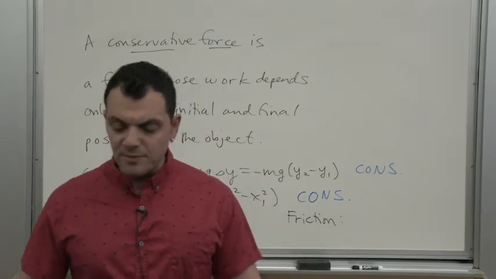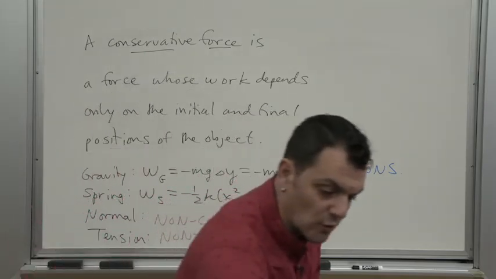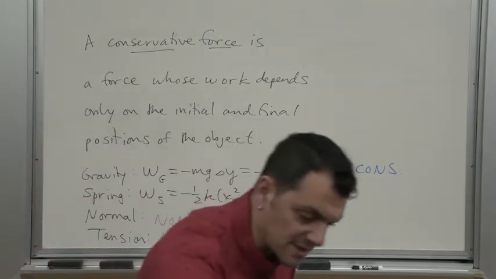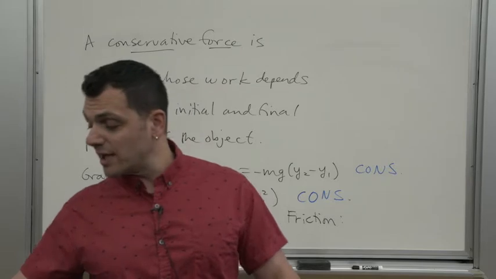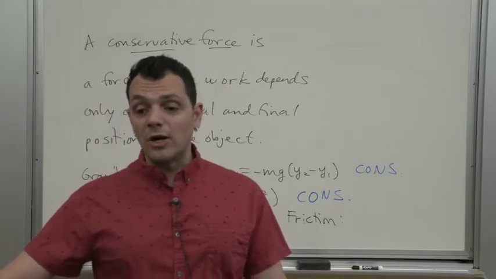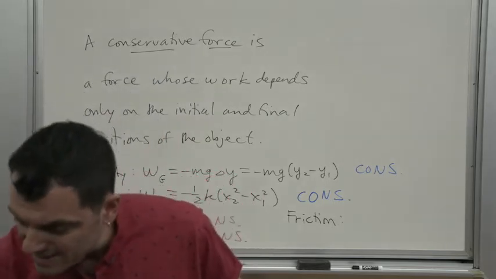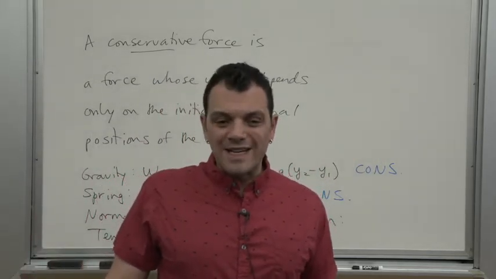If I start here and take a different path, forwards, over, and back, now I've traveled a greater distance. Is the work done by friction the same, though, if my starting and end points are the same? And the answer is no. I've traveled more distance. The more the object slides, the more the work is that's done by friction.